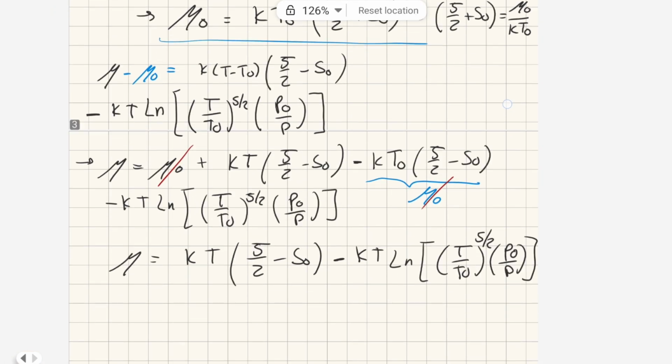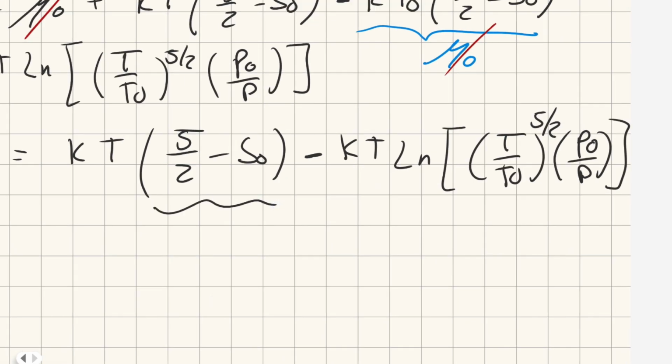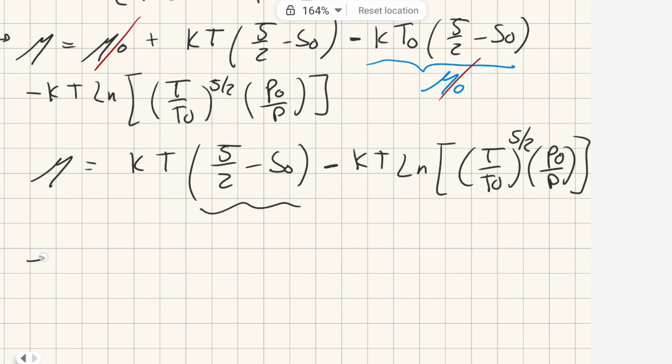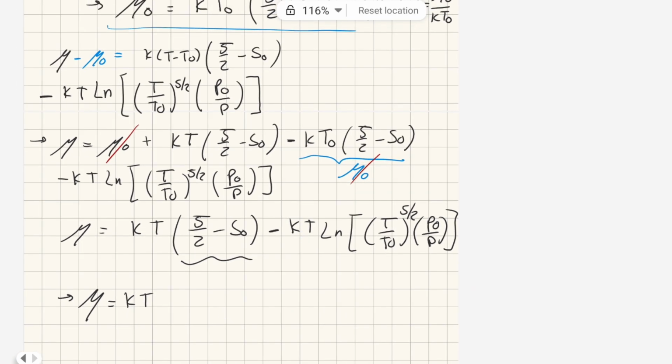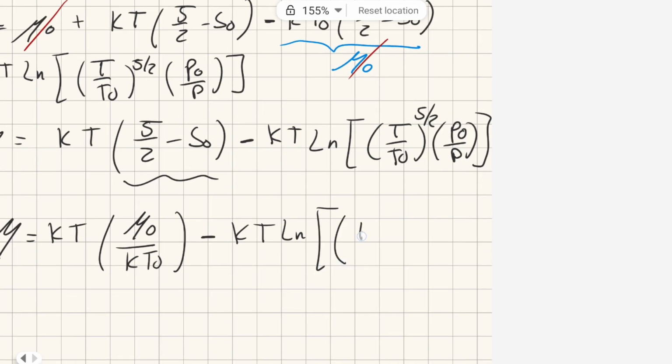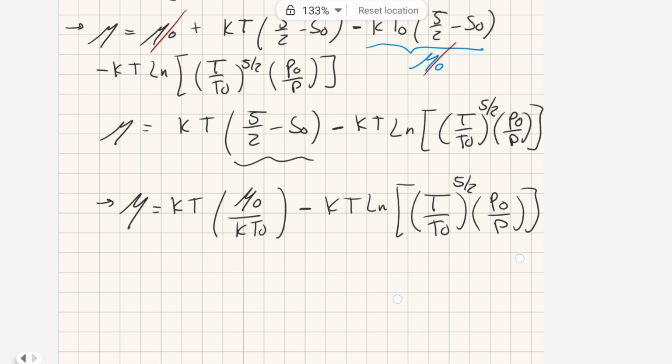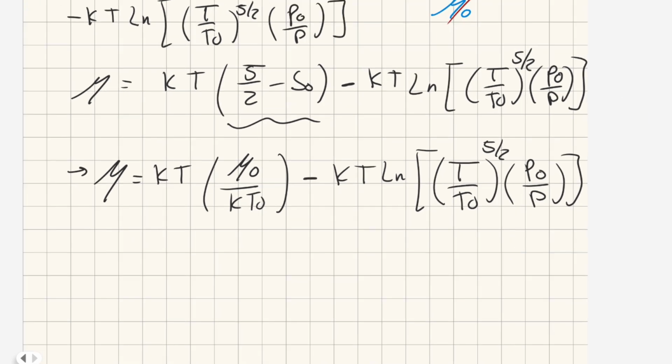So we are going to take that into this piece to get that μ is equal to kT multiplying μ0 over kT0 minus kT times the natural log of (T/T0)^(5/2) times P0/P.